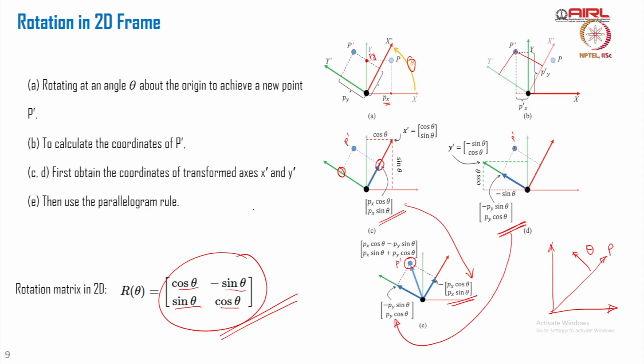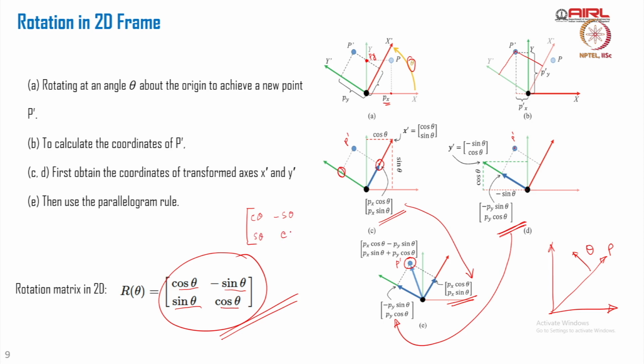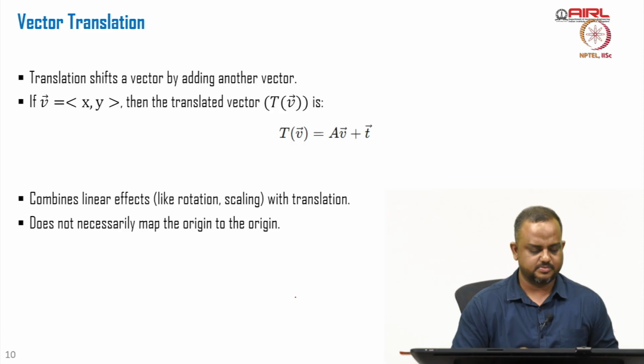For brevity, in many textbooks or research papers, this cos theta is represented as c theta, sin theta is represented as s theta. Yes. So when we capture the rotation in 2D frame, the rotation matrix becomes of this particular format.